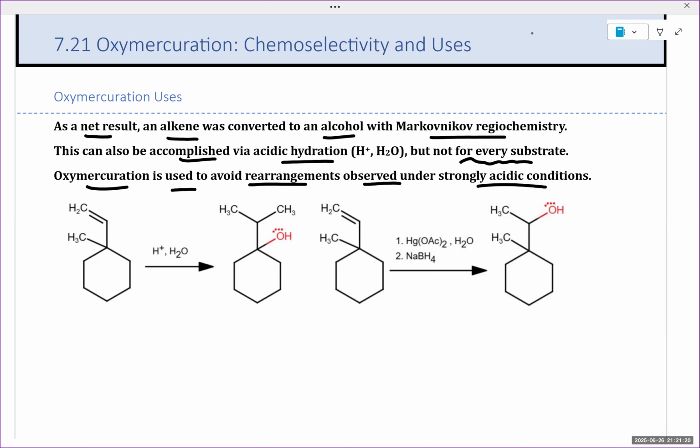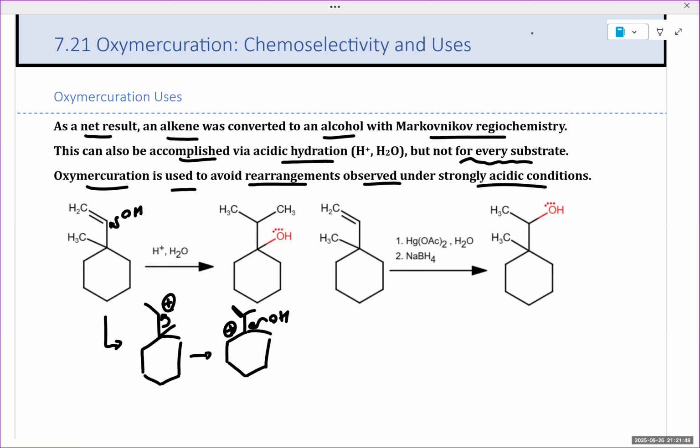For example, if you take the following substrate and try to install an alcohol at this secondary position, you'll instead end up with carbocation rearrangements because once you get a carbocation at this position, you will observe an alkyl shift and ultimately you won't get the product that you want due to these alkyl shifts.